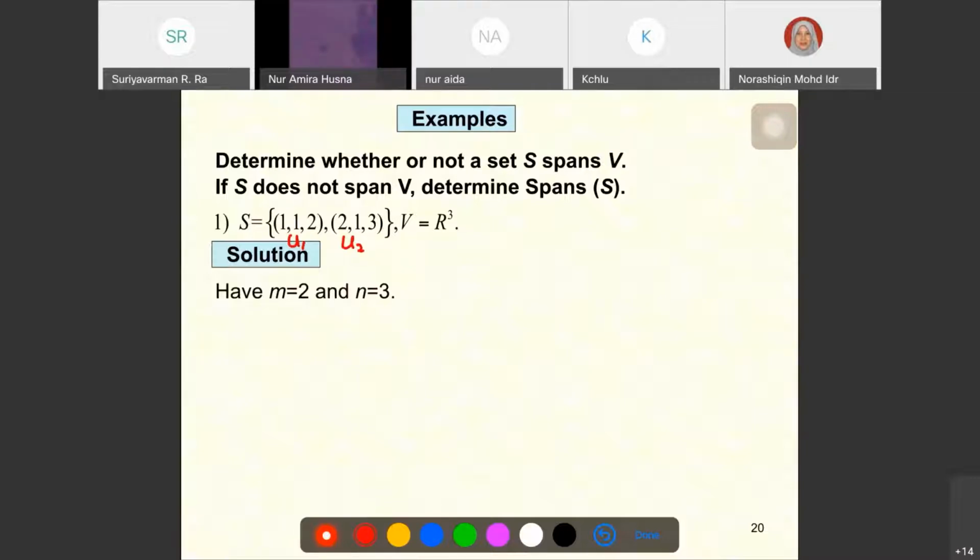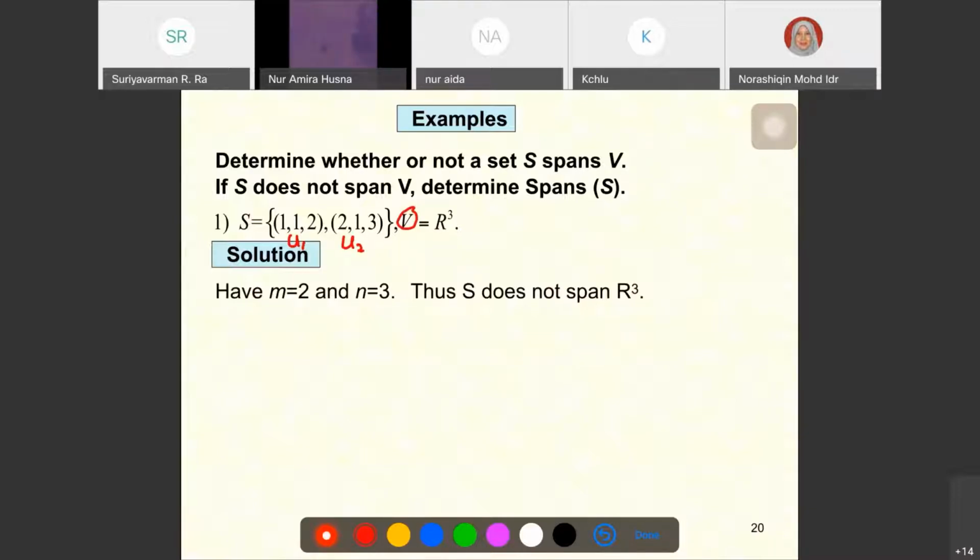So what is our conclusion? S does not span V, or R cubed.